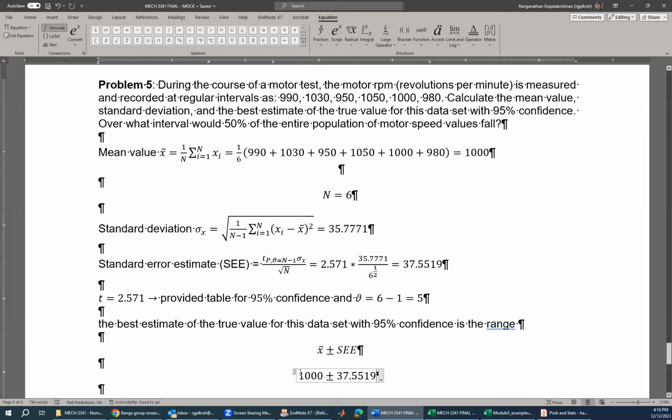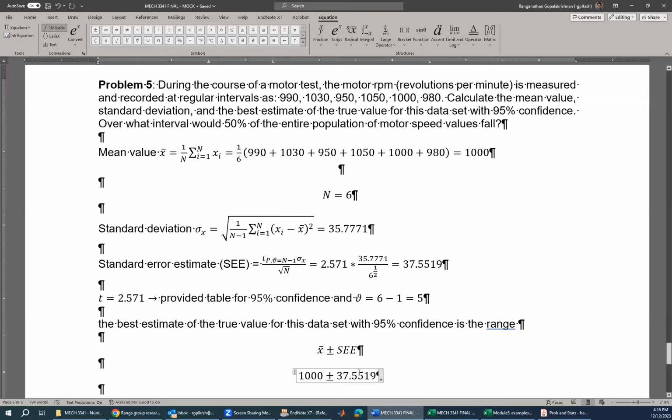So it's like saying between 1037.5519 and 1000 minus 37, which will be around 963. In that range, you are likely to find the true value. Okay, so that is the implication.